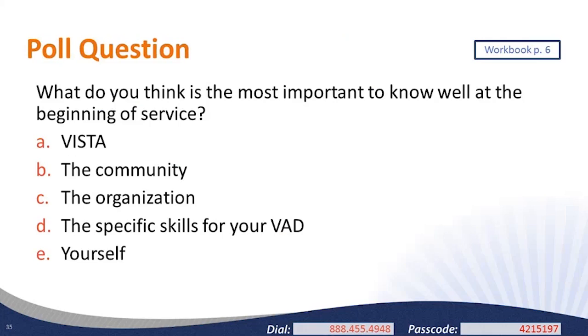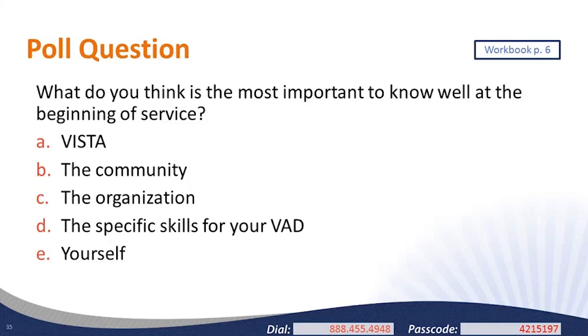Okay, here's the poll question. What do you think is the most important to know at the beginning of service? Is it the VISTA program, the community, the organization, the specific skills of your VAD, or yourself?